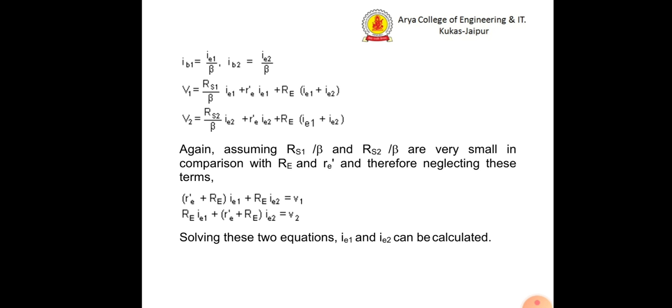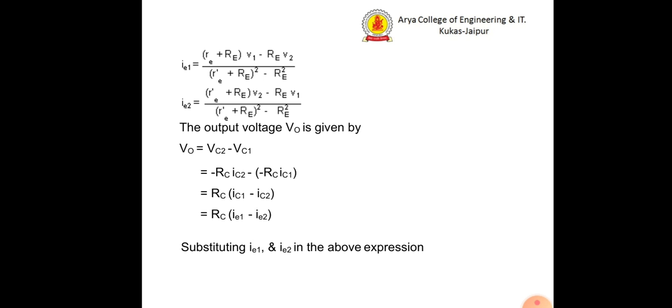Now solving these equations, I1 and I2 are calculated, where the first equation at the top is about IE1 and the second equation is about IE2. The output voltage is given by Vc2 minus Vc1.